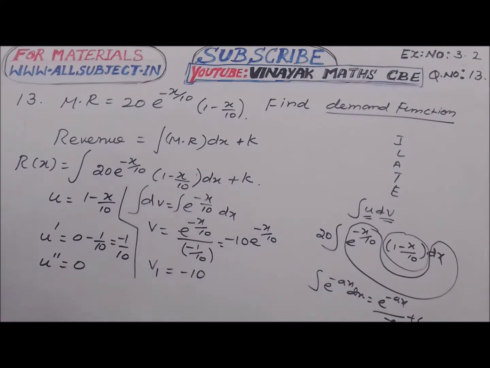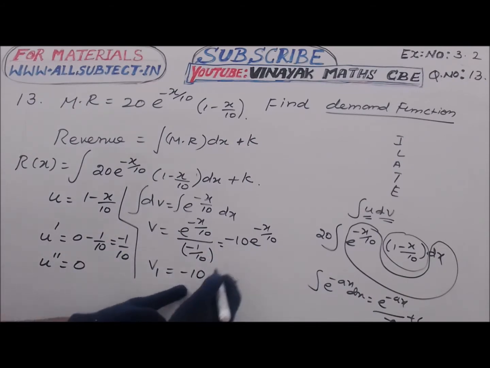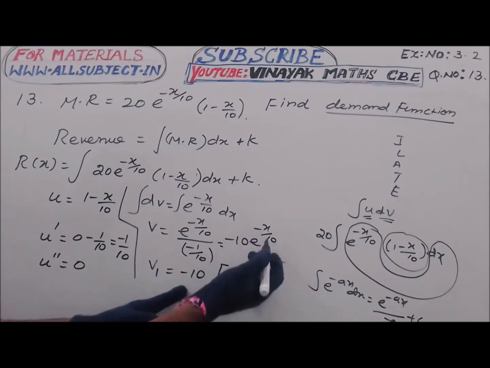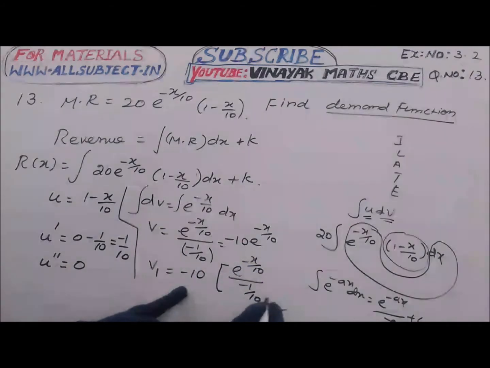Here v1, v2, v3 and so on are successive integrals, and u dash, u double dash and so on are successive derivatives. So we have continuous integrals. Integrating v again, we get minus 10 into the integral of e power minus x by 10, and by use of this formula, e power minus x by 10 divided by minus 1 by 10.